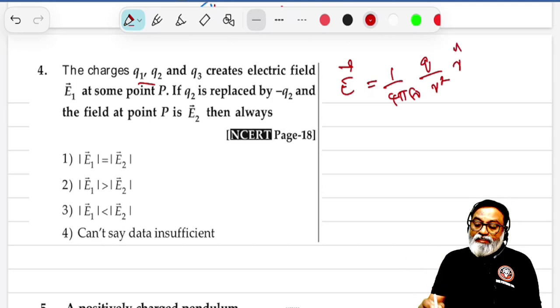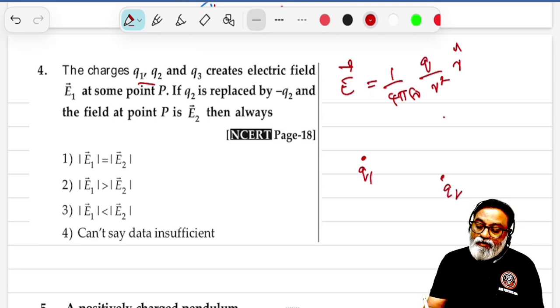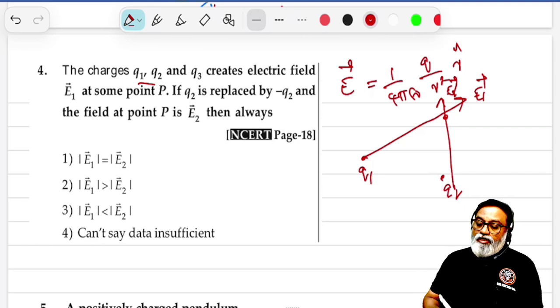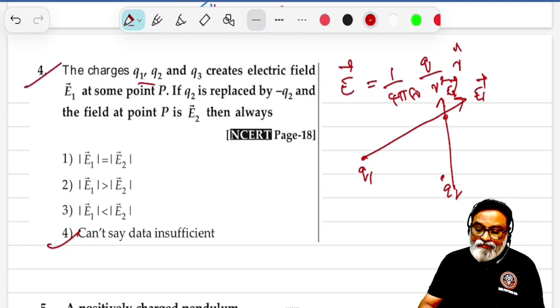It is a vector. For example, here is one charge q1, here is one charge q2, here is a point P. This becomes E1 bar and this becomes E2 bar. Here, the positions of the charges are not given. Therefore, we cannot predict the relation between E1 bar and E2 bar. Therefore, we can say the data is insufficient.